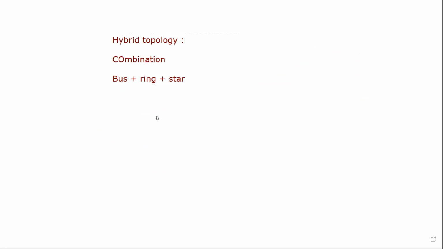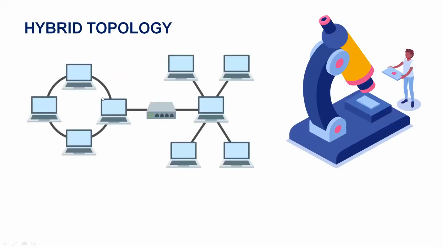I will show you. This is a ring connection, you can see. In the ring connection, one PC is connected with a switch, the switch is connected with a PC, and that PC is directly connected with another PC.